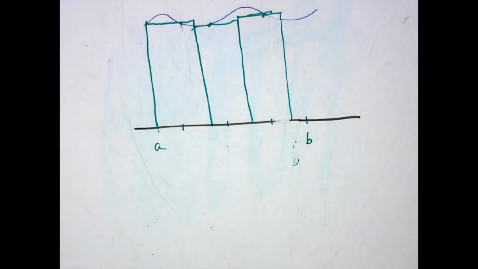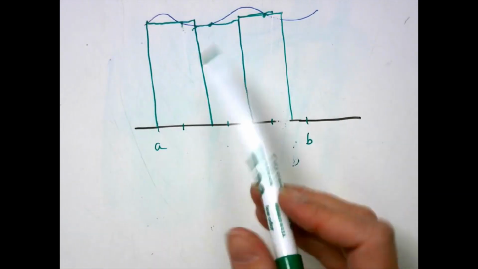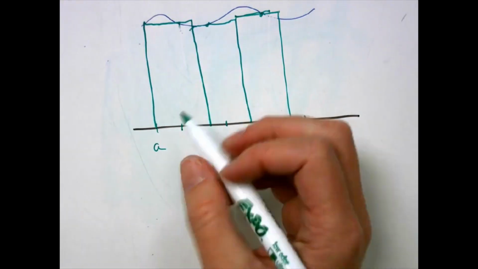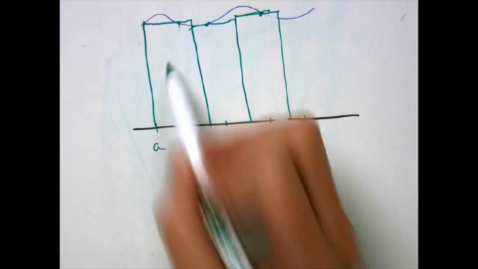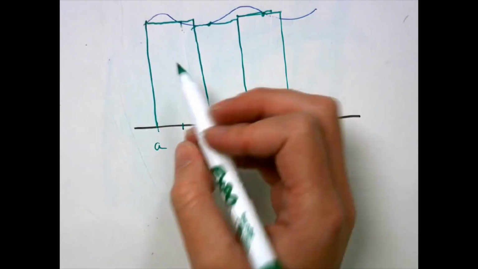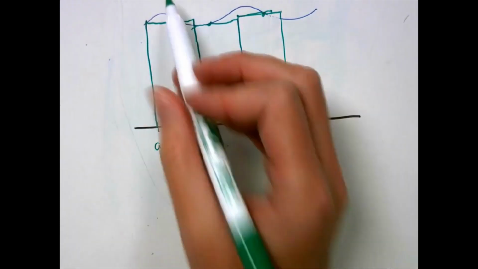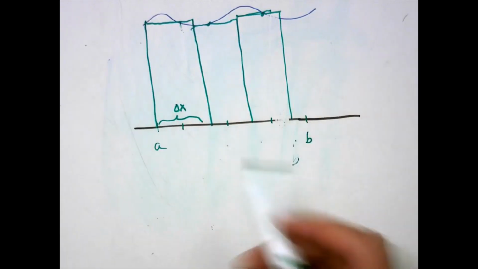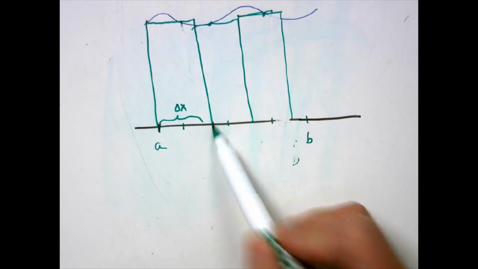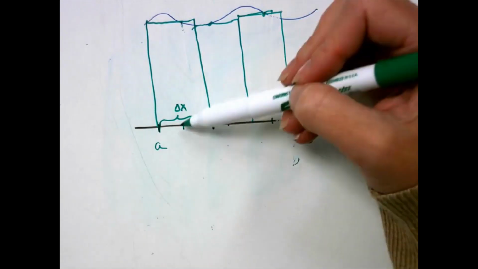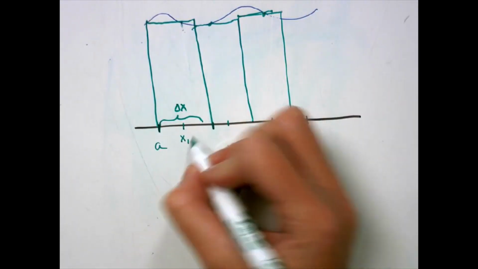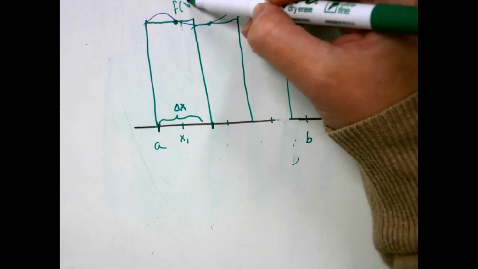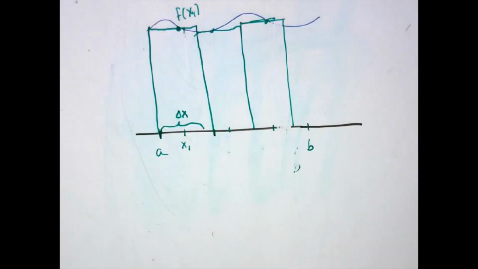All right, so let's widen our net again. We'll get to making these infinitely small in a second. Let's talk about the area of one of these rectangles. The area is just going to be the length times the width. The width we're going to call delta x, how far apart this x value is from this x value. The height, let's call this x1, is going to be the function value, f of x1.